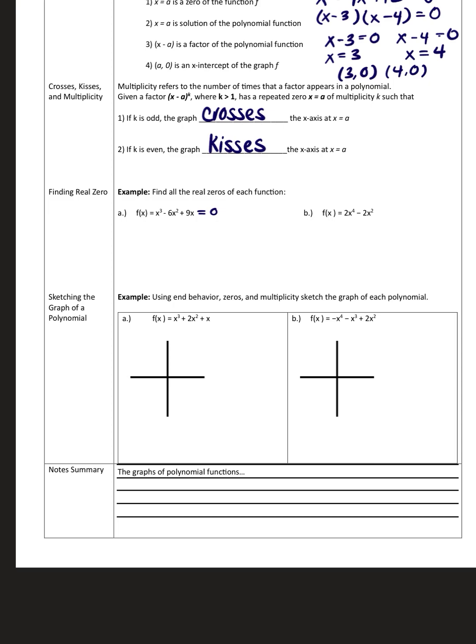And then I'm going to see, is there something I can pull out, like a common factor that I can pull out of each of these terms? Well, I can. I can pull an x out of each of these terms. And if I pull out an x, that'll leave me with x squared minus 6x plus 9.